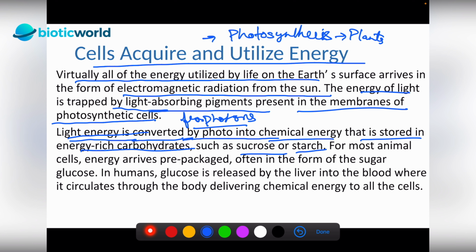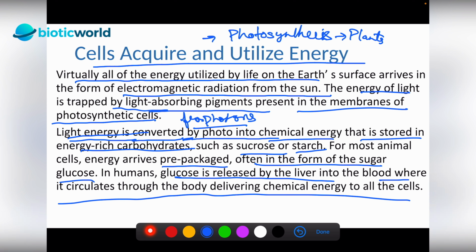For most animal cells, energy is pre-packaged, often in the form of the sugar glucose, which is released by the liver into the blood, where it circulates through the body delivering chemical energy to all the cells.